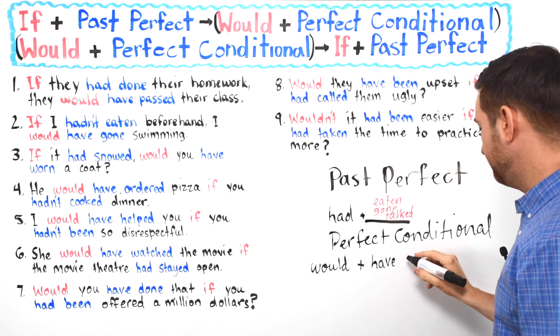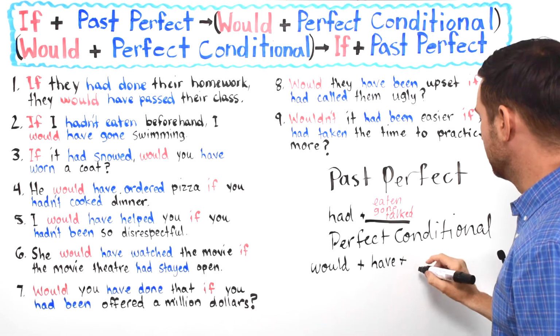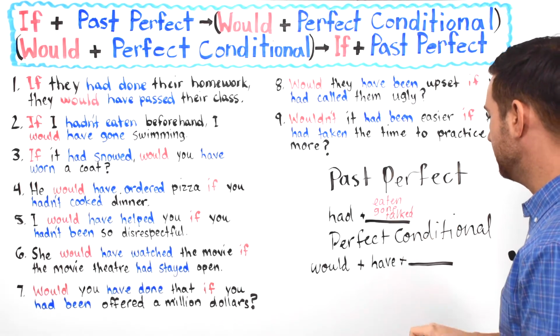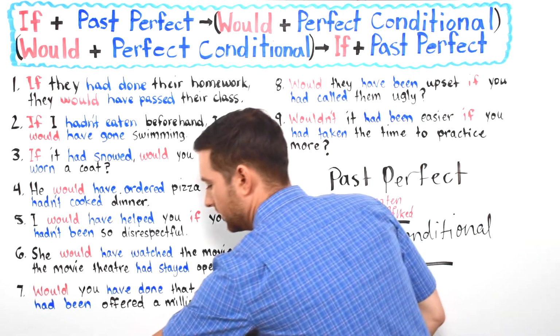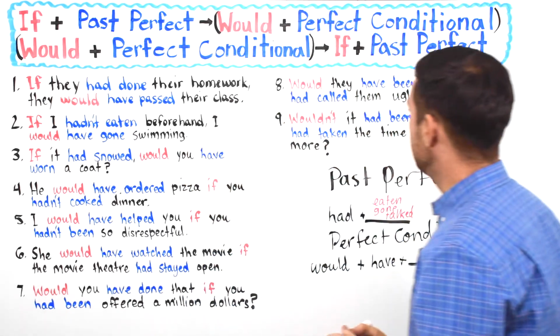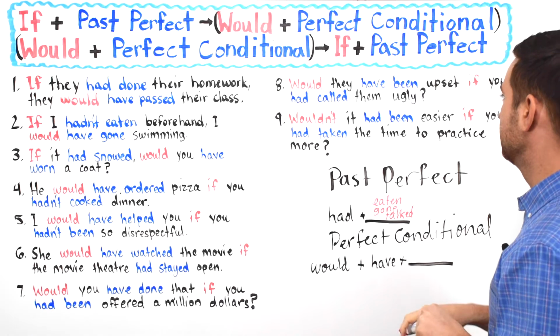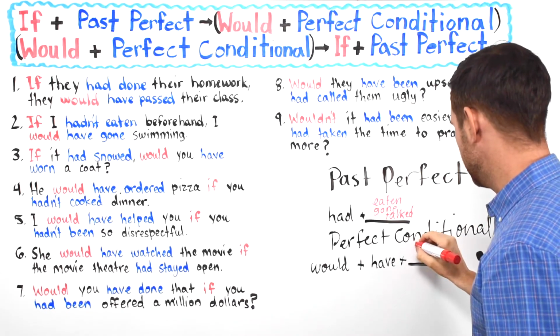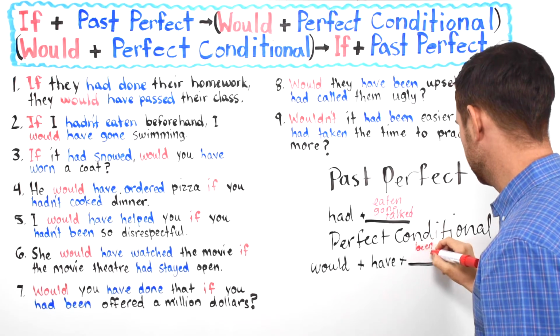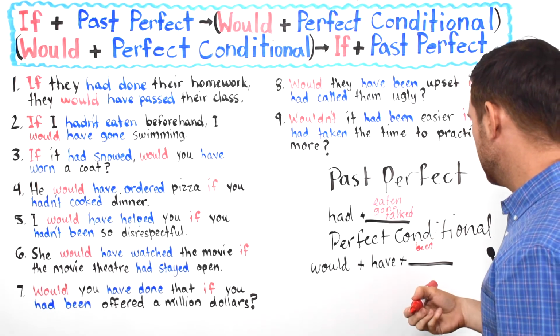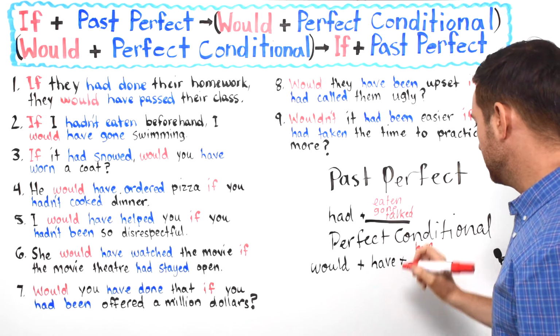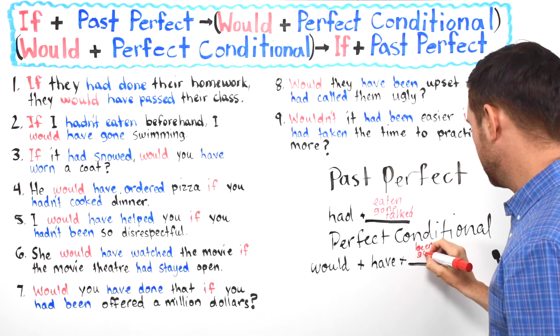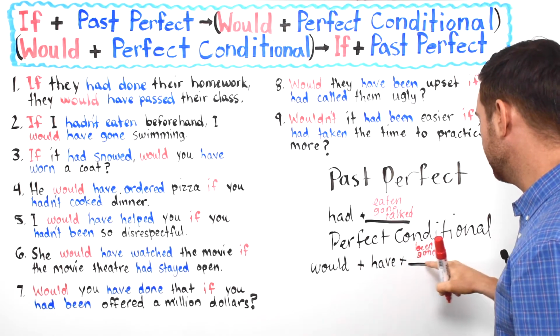And then we have to put the verb, okay? So kind of like up here, we're going to put one of the verbs. So take any verb that you want, right? So in an example up here, we have the verb to be, which in the past it's been. Okay, or you can use the one to go, right? Have gone, I would have gone.